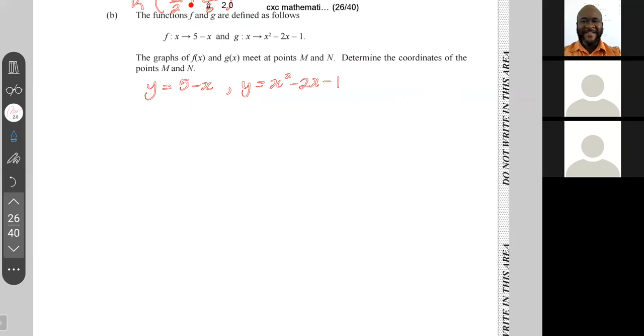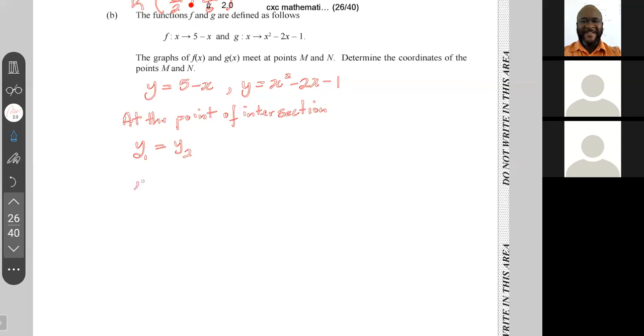We're going to use the fact that at the point of intersection, and this only occurs at the point of intersection, y1 is equal to y2. So at the point of intersection, the two y's are equal.